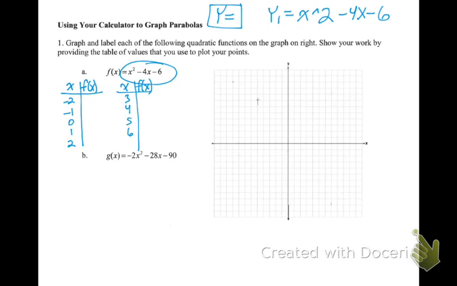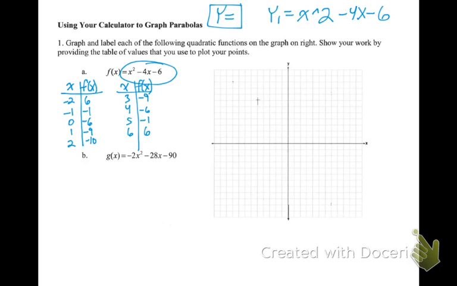My table gives me negative 2, positive 6, negative 1 has me plot negative 1, 0 has me plot negative 6, then negative 9, negative 10, negative 9, and you should see some kind of symmetry here. These graphs will have some kind of pattern, and we'll have a maximum or a minimum, so we'll go to a number and then go back down or go back up. So let's plot as many points as I can.